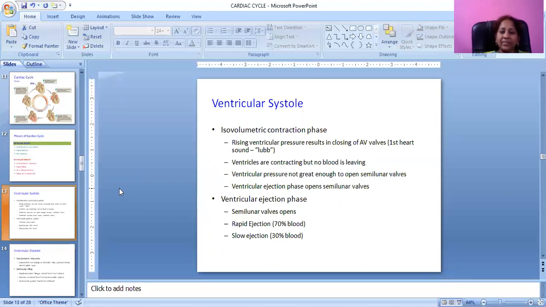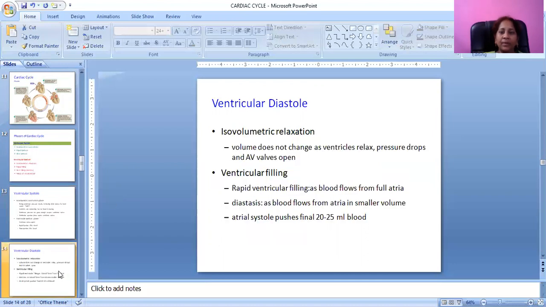Ventricular ejection phase, semilunar valve opens, rapid ejection, 70% blood is ejected, and in slow ejection, only 30% of the blood is ejected. Ventricular diastole. In ventricular diastole, volume does not change as the ventricles relax.